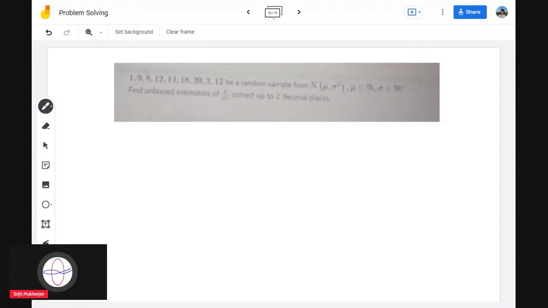Mean by sample variance, right? Okay. So we have to find an unbiased estimator now. So how do you find an unbiased estimator? For normal distribution, we know sample mean and sample variance are independent. Very good.